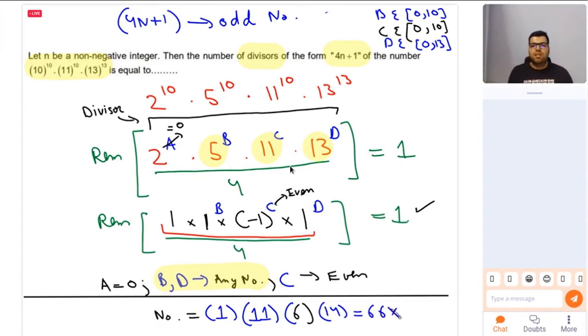Calculating, 660 plus 264 gives 924. So the answer is, students, 924. Just by using remainders, we found out the answer as 924.